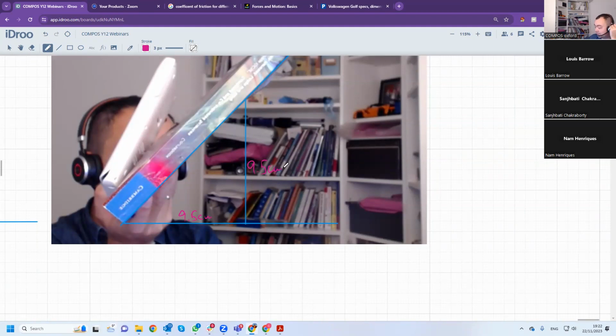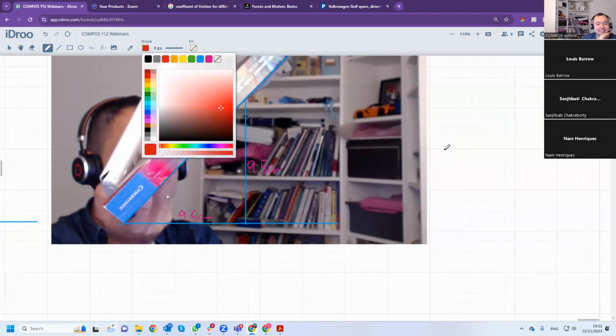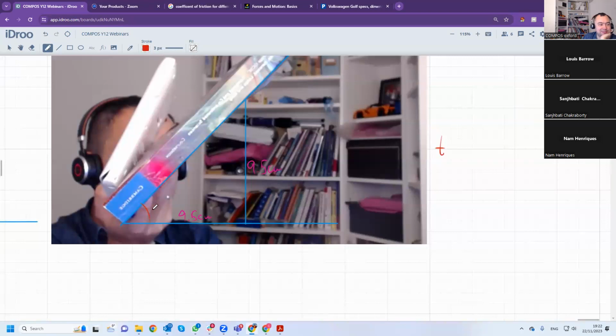Okay, so tangent theta is equal to 1, so theta is 45 degrees. The coefficient moves 1 for rubber against my book.